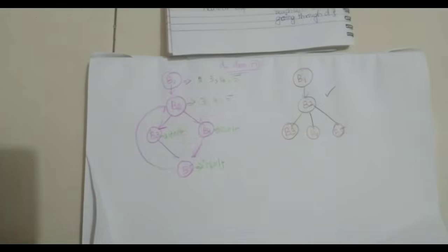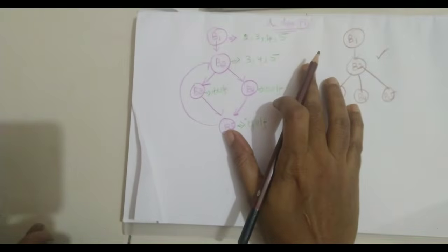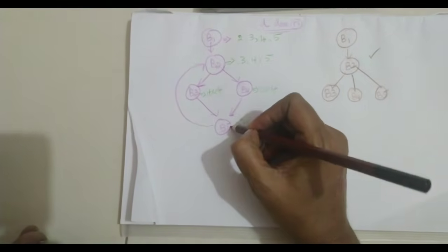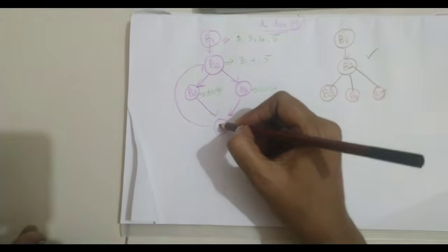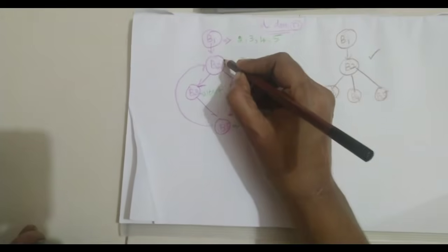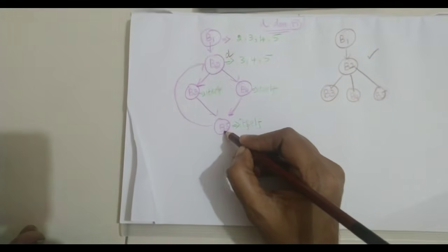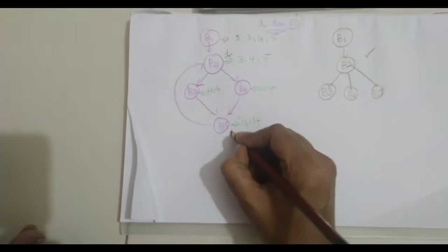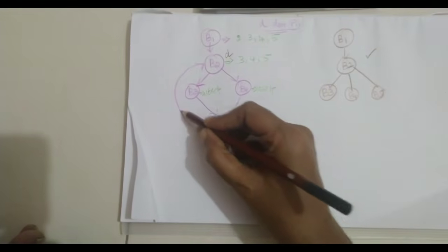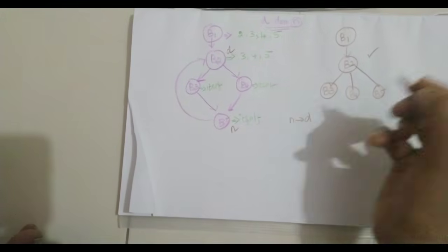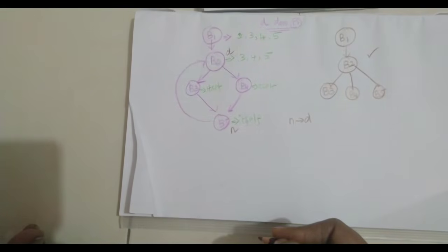So for example, in this case, let us take B2 and B5. This is the only loop that you are seeing in this flow graph, that's why I have taken this. For finding out the natural loop, B2 is a dominator of B5. So B2 is D and B5 is N. There is a loop from N to D, and hence there is a natural loop.